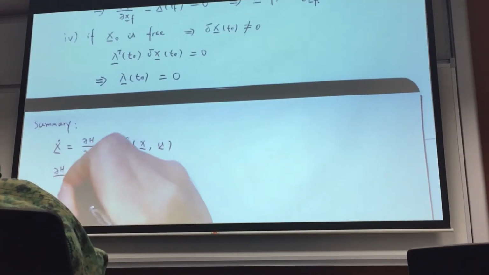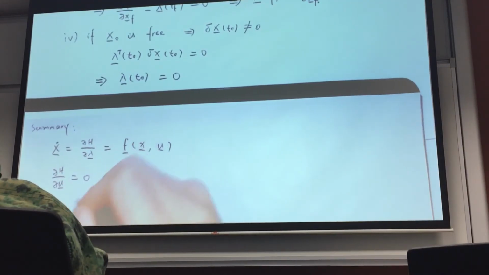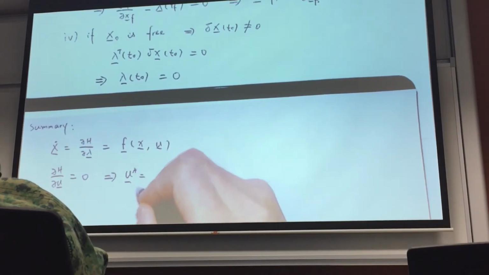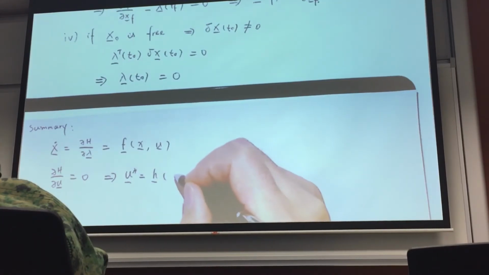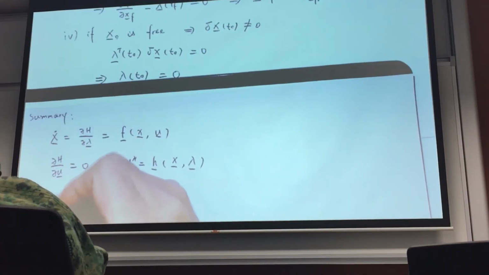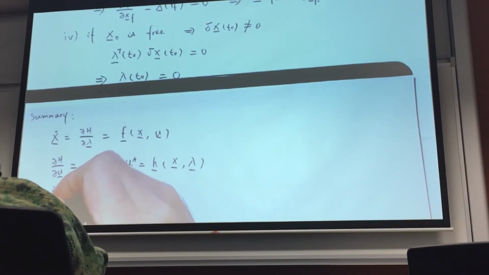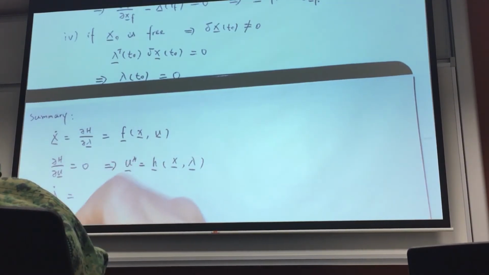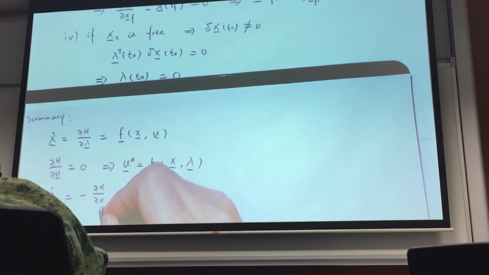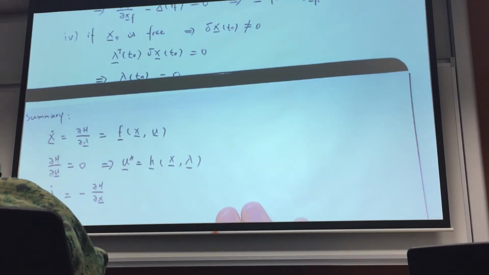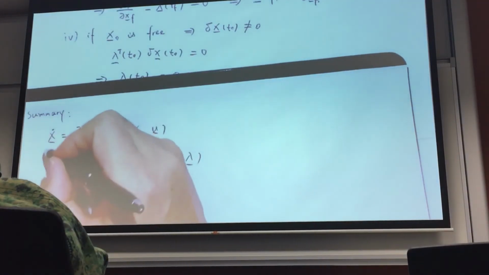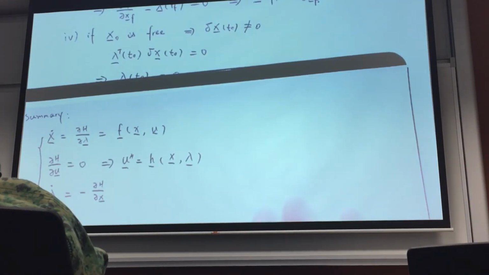The second equation is dH du equal to 0. This will give us the optimal control, which is a function of the state and the Lagrange multiplier. Another new equation is the dynamics of the Lagrange multiplier: lambda dot equal to minus dH dx. These are the equations we are going to solve.